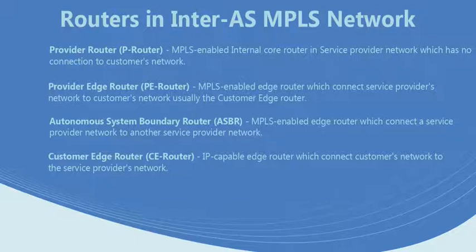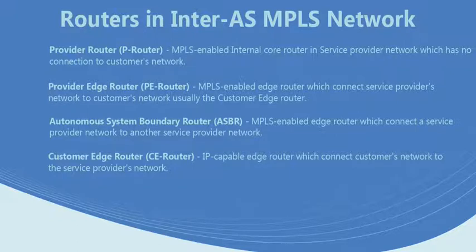And this router is also a similar PE because it communicates with your internal MPLS network routers and also an external router which belongs to another service provider. This is slightly different from the PE because depending on the option that you are deploying, it can act similar and exactly like a PE to another service provider.